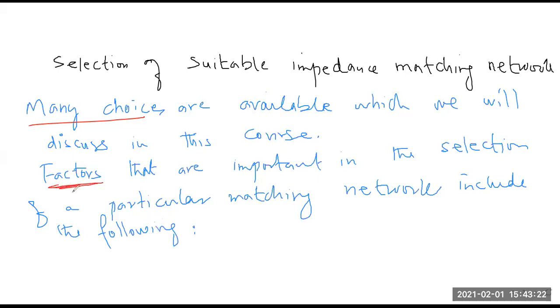On which factors will you decide that this particular matching circuit is more suitable for your case? Okay.